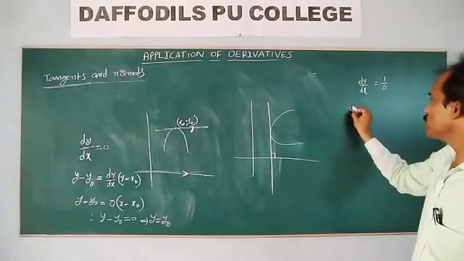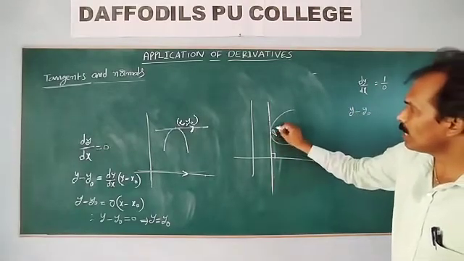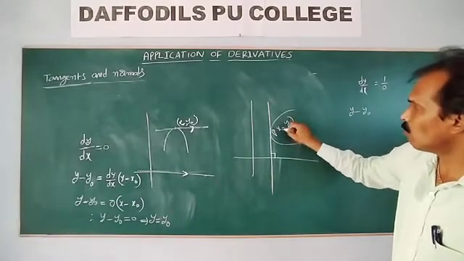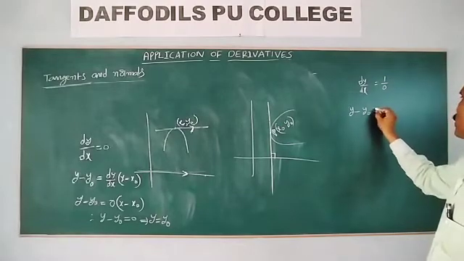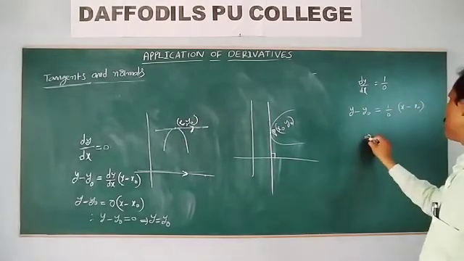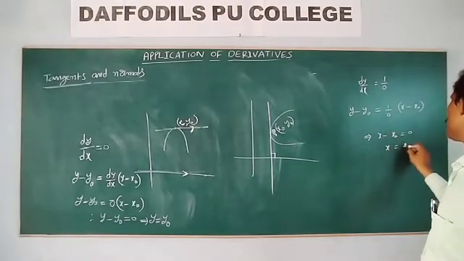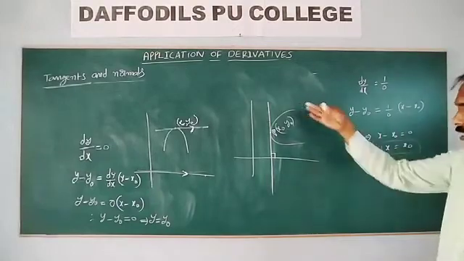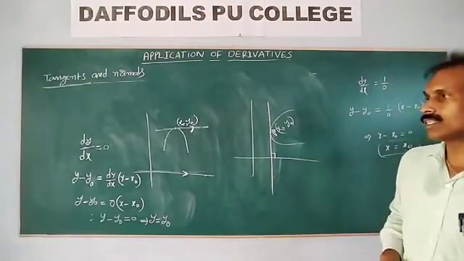So what is the equation of the tangent? At P, x naught, y naught, y minus y naught equals 1 by 0 times x minus x naught. This implies x minus x naught is equal to 0, so x is equal to x naught when the line is parallel to the y-axis or perpendicular to the x-axis.